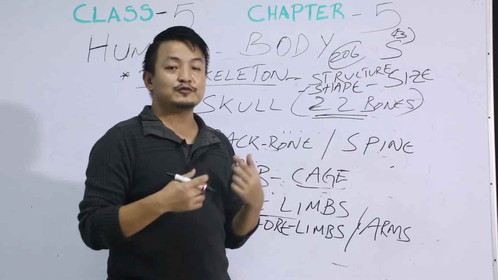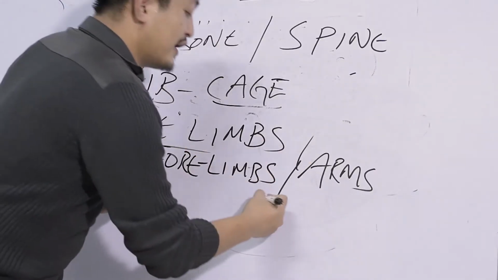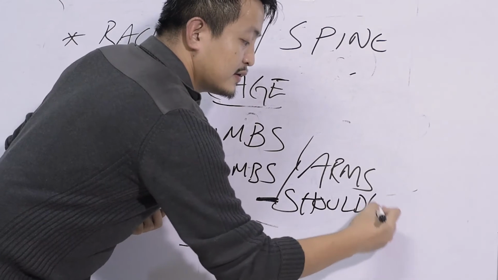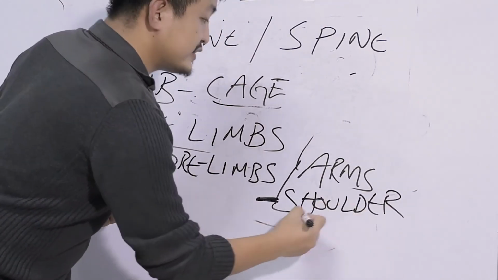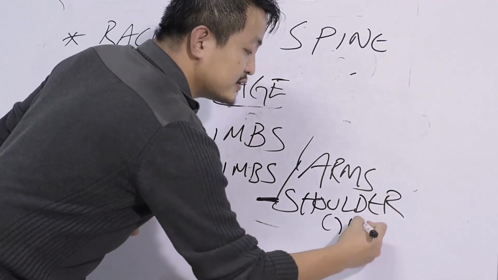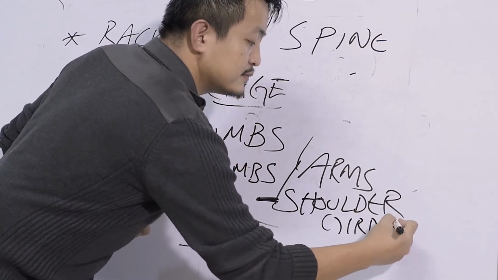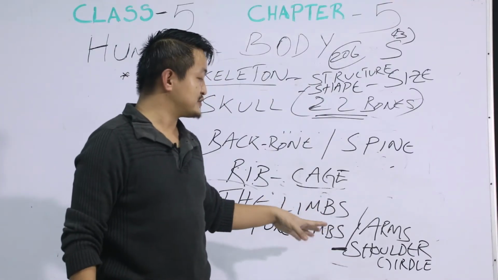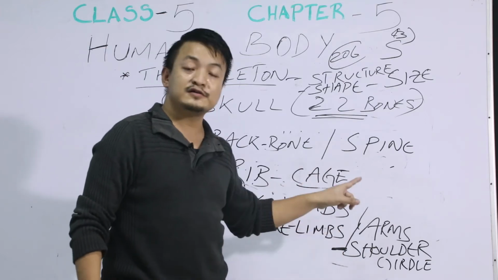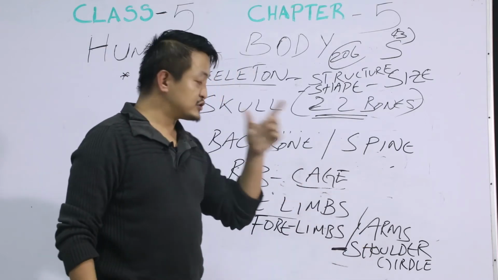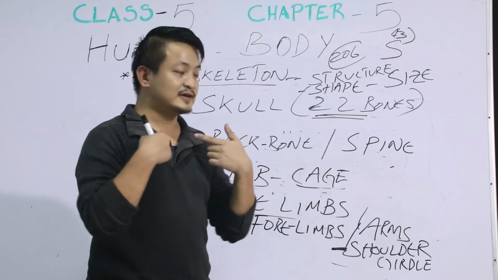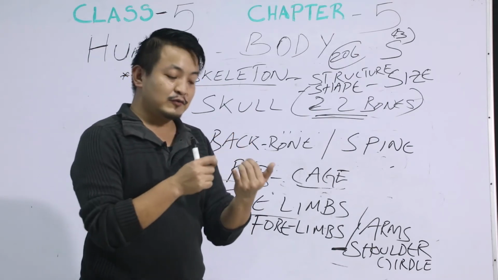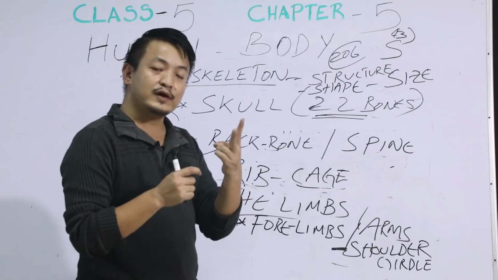Now here we have a shoulder girdle. So the forelimbs are attached to the spine through this shoulder girdle. Now shoulder girdle means, you know, we have an arm blade, and we have two pairs.